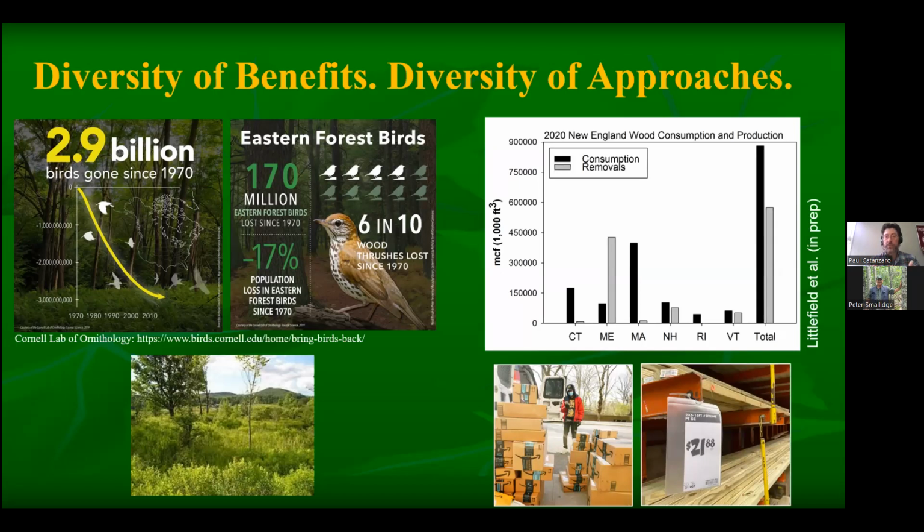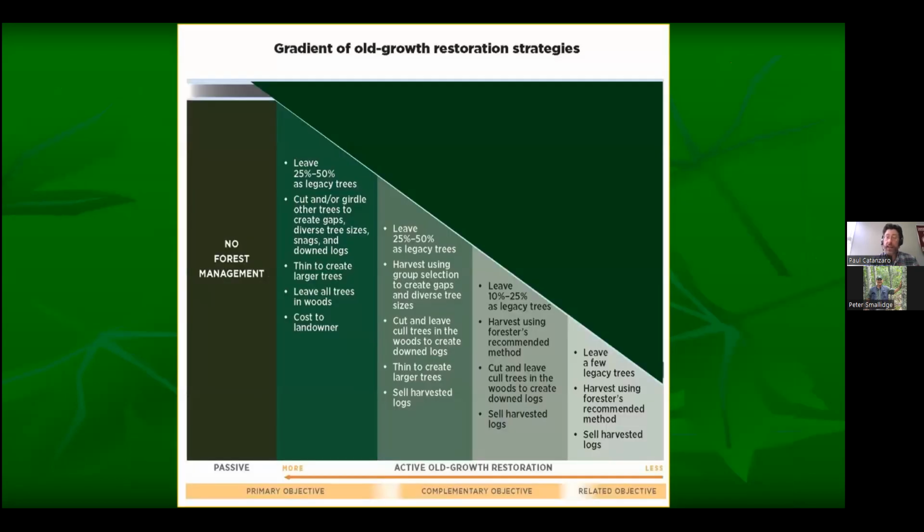And so there's an ethical question regarding where we're getting our wood from and what those impacts are from an environmental perspective, carbon perspective, et cetera. So we need a variety of approaches across the landscape to give us a variety of benefits. And that's why I think it's important to communicate that we don't see these strategies as being a cookie cutter. There's not one way to do this.